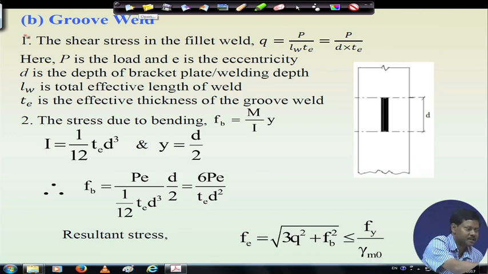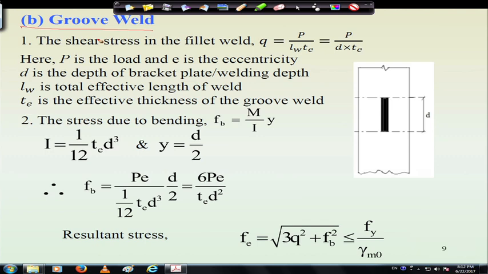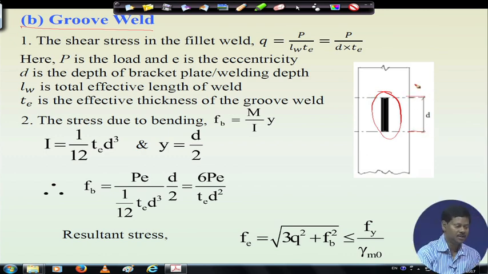Now, the second case is groove weld. As I told, there are two cases, one is fillet weld, another is groove weld. So, in case of groove weld, you see here the welding has been done by the grooving in the plate. So, here if we consider the depth of weld as d and thickness as t, then we can find out the shear stress and the bending stress in a similar fashion.